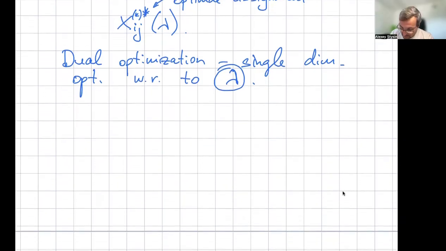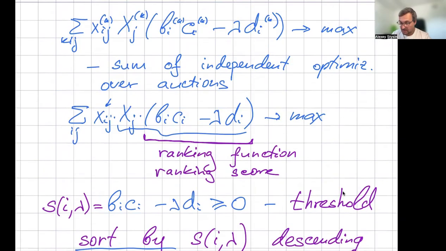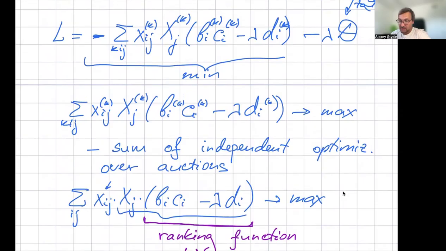Okay, let's see. So the g of lambda now is going to be equal to minus, and we just need to rewrite, essentially we need to rewrite the Lagrangian, but replace the x here. Let me highlight it here. We just need to replace this with an optimal x with a star.